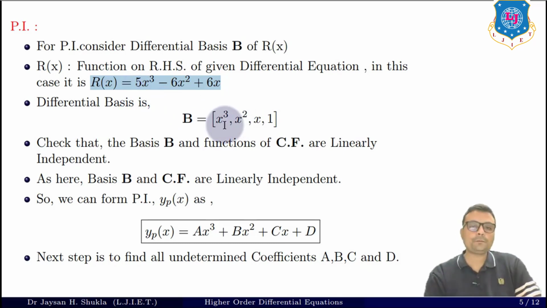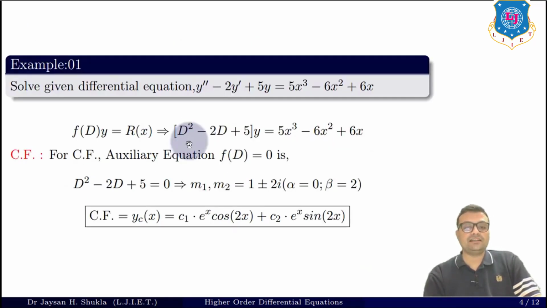Now, before fixing this as a valid differential basis, I need to check whether there is any repetition of these components in the complementary function or not. This is the reason why I considered my complementary function as this. Now see, the first part is e raised to x cos 2x and the second part is e raised to x sin 2x.